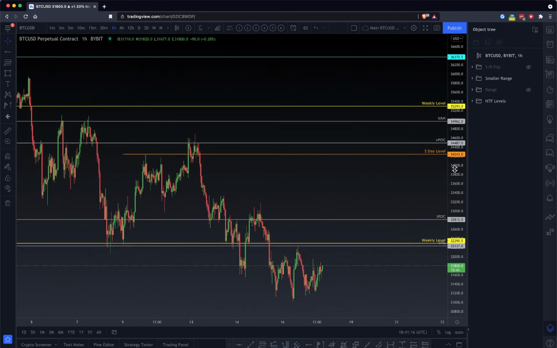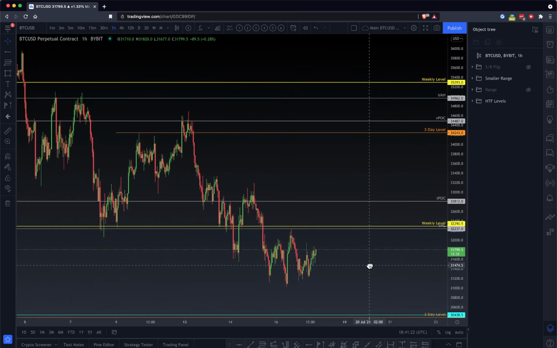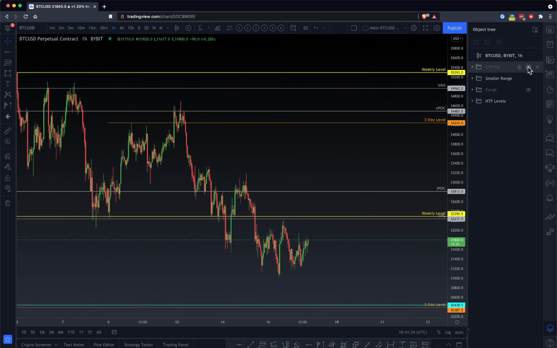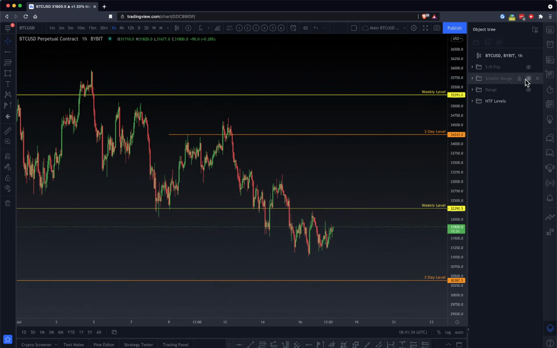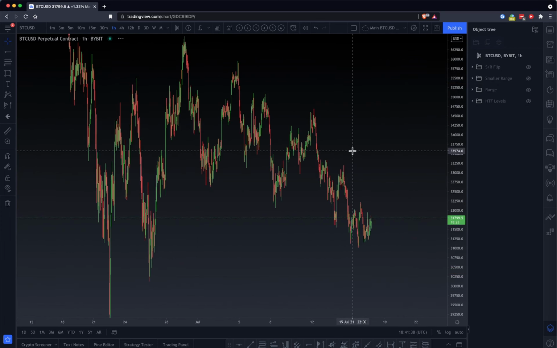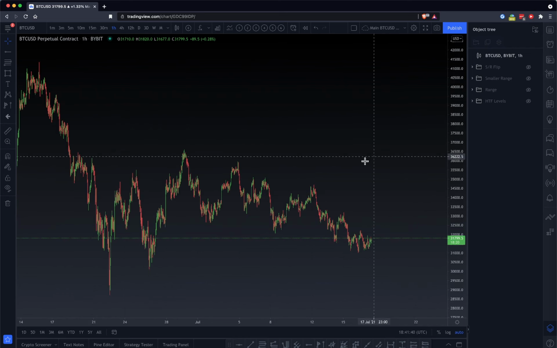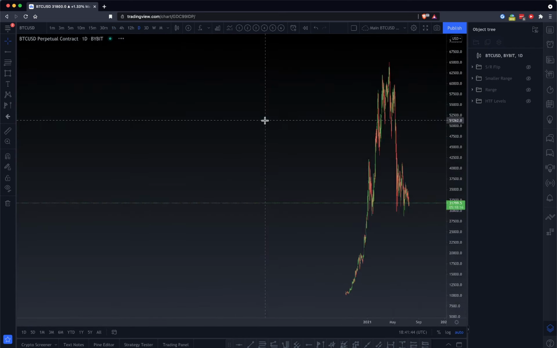Look at that price, it almost hits the value area low and rejects. Here is the R Philip, we have this one there. Okay, so we are building up our levels quite nicely.